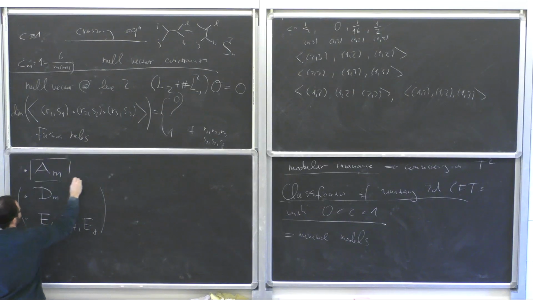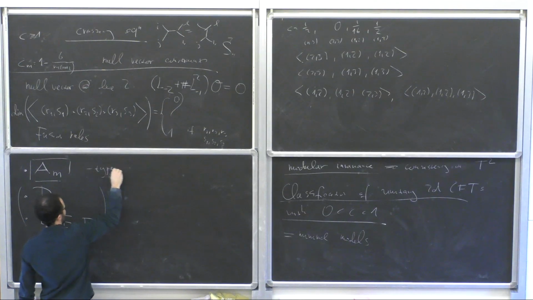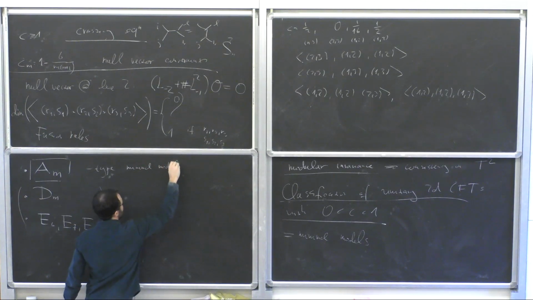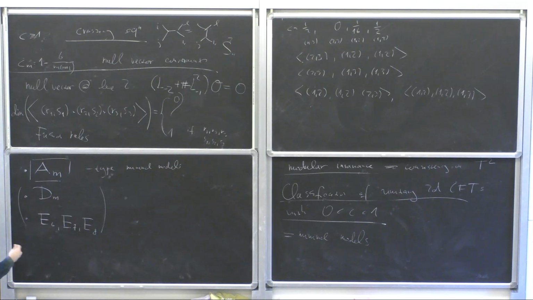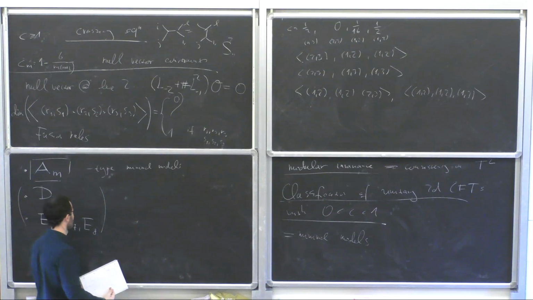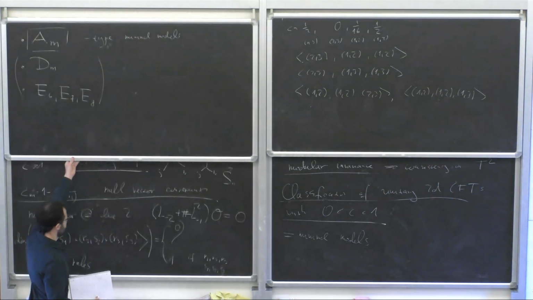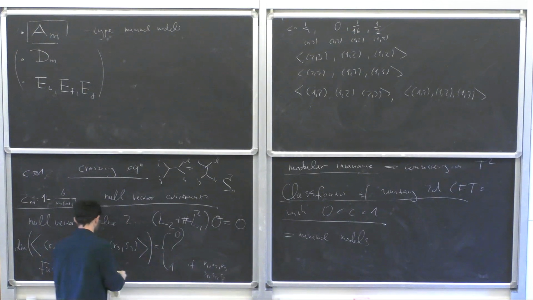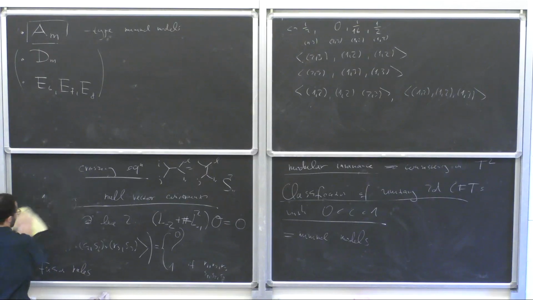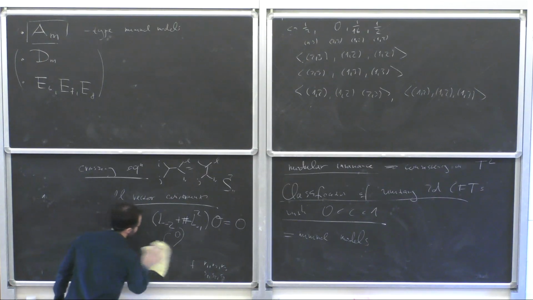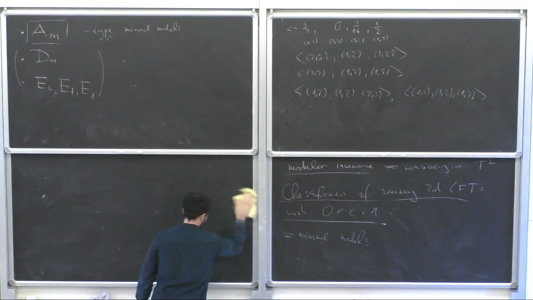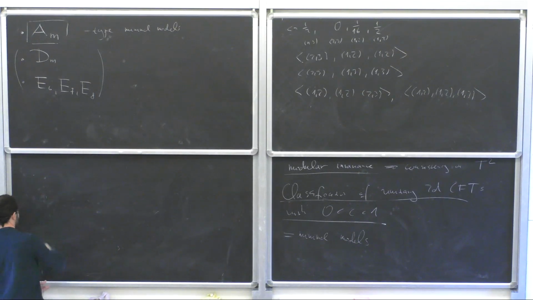So these are the A-type minimal models, where the only combinations of left and right movers which appear are identical. So let's focus on the A-type.